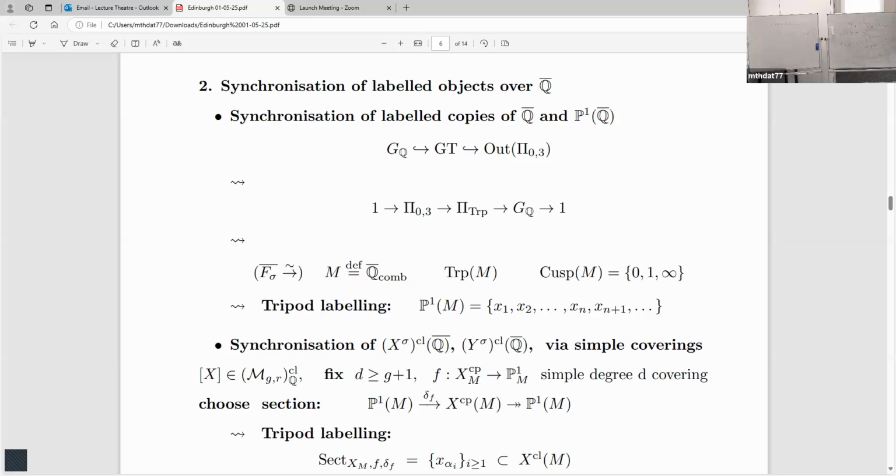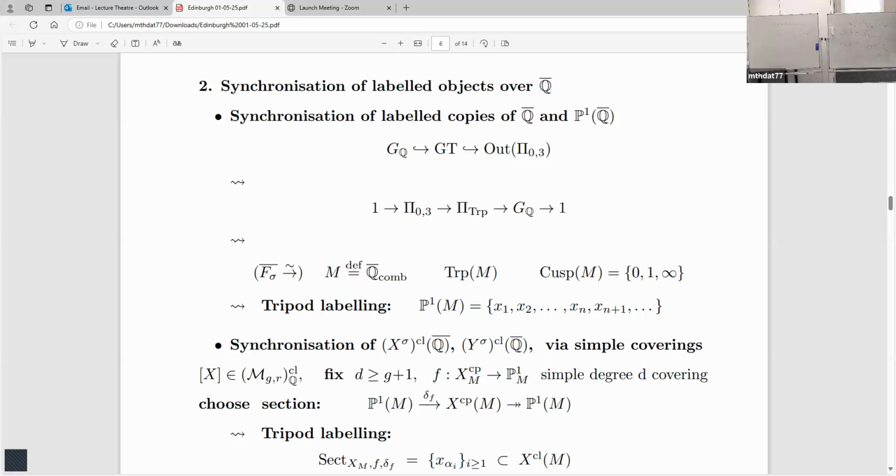And then essentially using the same technique that I explained for X sigma and Y sigma, you can reconstruct a copy of Q bar, the Q bar combinatorial copy, Q bar comb, but I will use the notation M. So this M would be a copy of Q bar, which is constructed in this way.